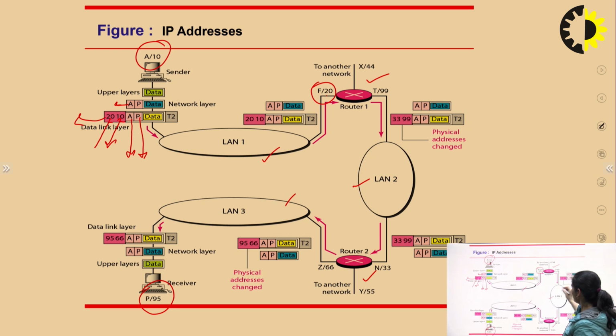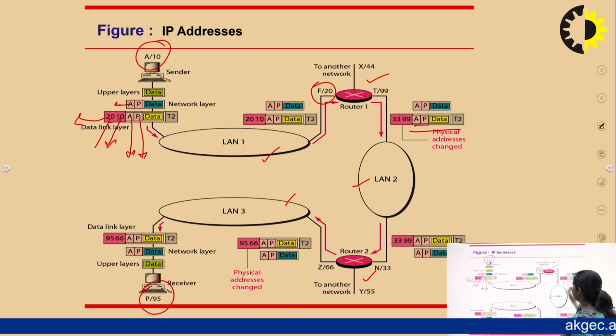Now in LAN 2, the logical address is the same, A to P, because we have to send data from A to P. Its physical address is 33 and 99. It means 99 is your source address and destination address is 33.